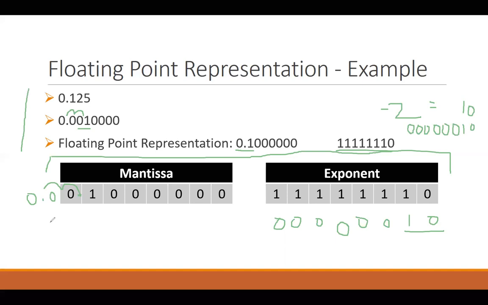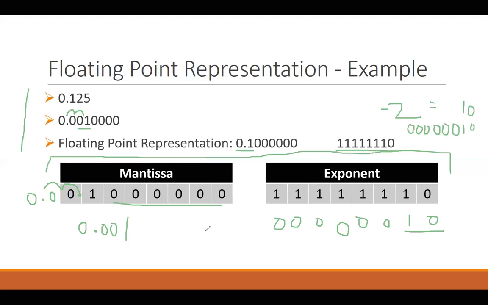When I do that, my value is going to become 0.001. Again, I can neglect all these ones as they are coming on the right end of the binary point. They are not going to make any difference to the magnitude of my value.